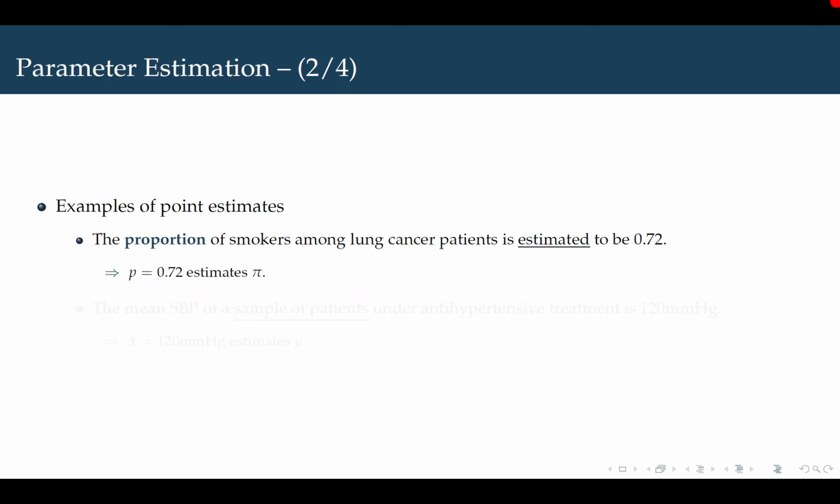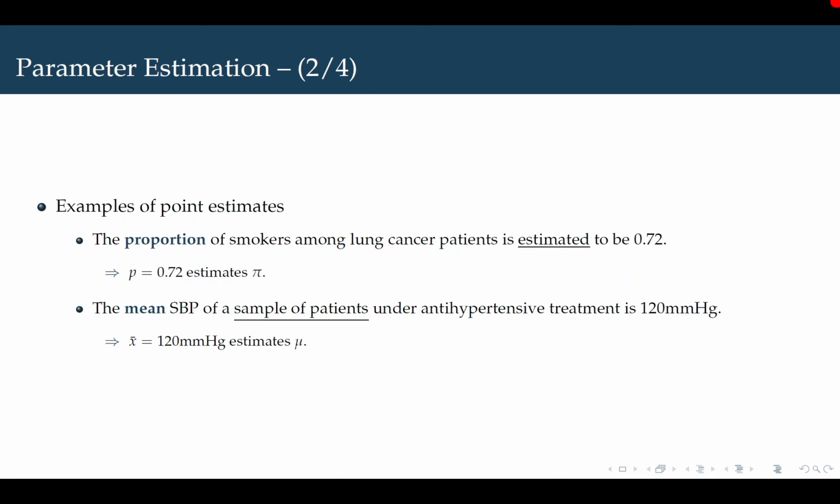So if it is estimated to be 0.72, therefore 0.72 is a point estimate for the population proportion of smokers. So we can say p equals 0.72 estimates pi, or 0.72 is a point estimate of pi. And the formula used to obtain this 0.72 is an estimator for pi.